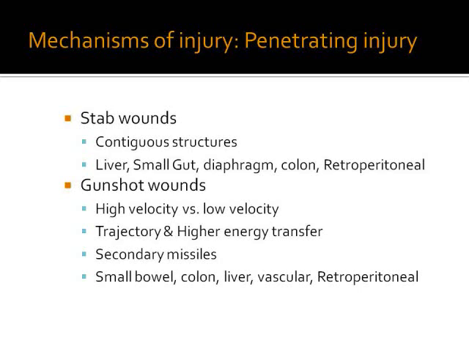Sometimes when they strike bone or other tissues, they generate secondary missiles which can cause further injury. Commonly injured structures are the small bowel or colon, the liver, the blood vessels, or structures in the retroperitoneal space.